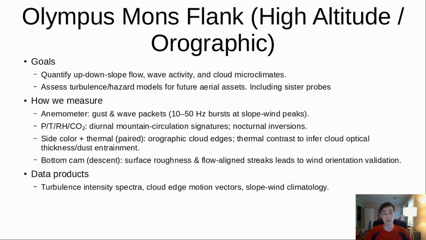We'll be able to see surface roughness and flow line streaks for wind orientation validation. We'll know the orientation of the wind based on both this visual that we'll see and by our sensors.